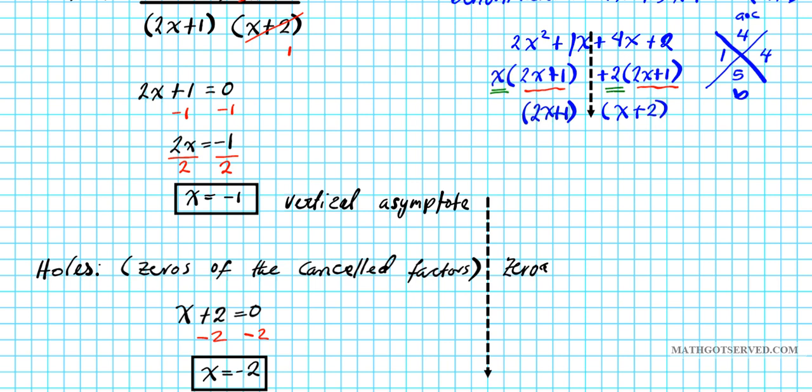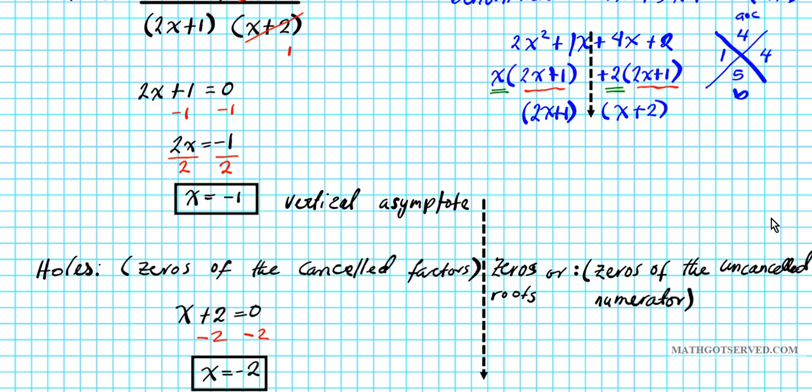Zeros or roots are basically the zeros of the uncancelled numerator. So whatever doesn't get cancelled out in the numerator, you find the zero of that, and that's your zero.